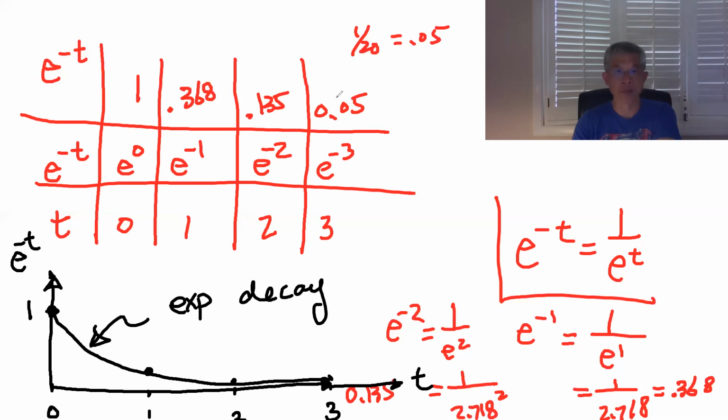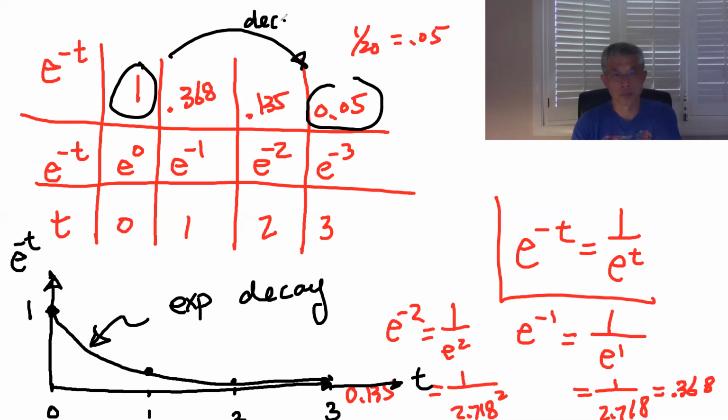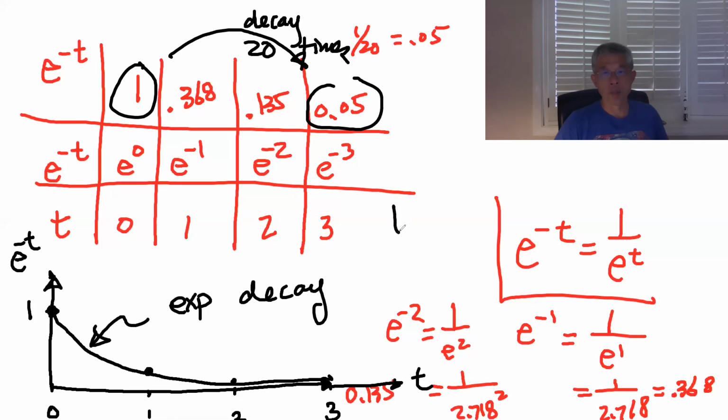So you go from 1, and in the time of 3, you already decay from here to here. You decay by 20 times. If that's your investment, and you have 1 million, after 3 years you only have 1 million divided by 20, which is only 50,000.